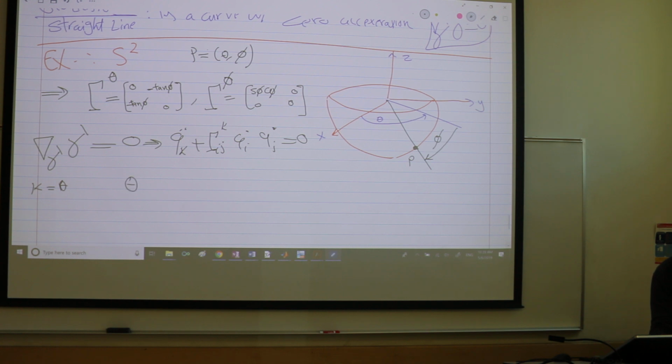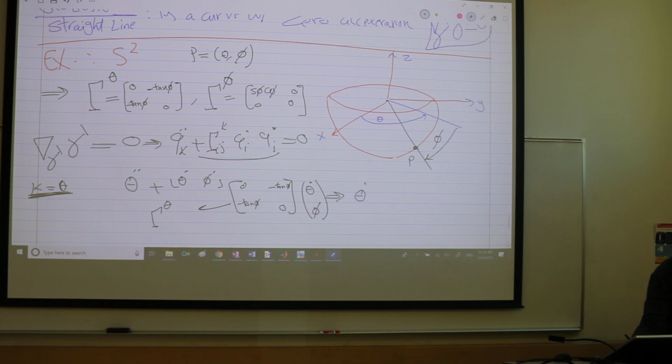So this is theta double dot plus this. I always interpret it as a row times your matrix times a column. The row is for the q dots, so this is theta dot phi dot, and the column is theta dot phi dot, and we are in the theta equation, so I put here gamma theta. So this is 0, negative tan phi, negative tan phi, and 0.